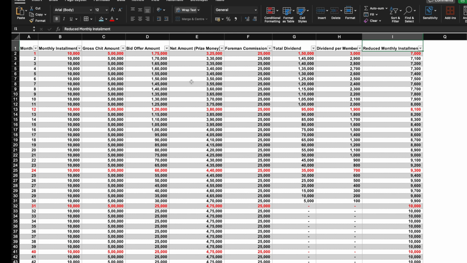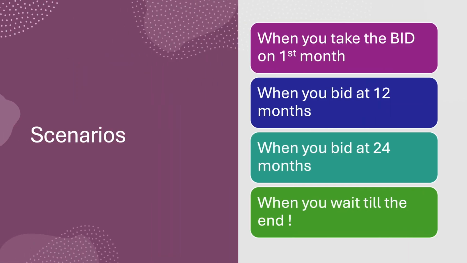So let us understand this better by taking four scenarios. Let us say you are someone who wants to bid in the first month itself, or you want to bid at the 12th month, 24th month, or when you want to wait till the end.